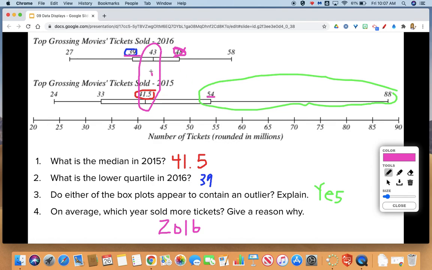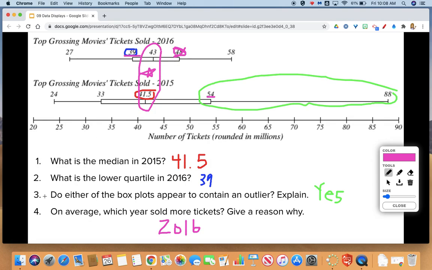But remember, the main focus here is on the landmark that we can use as the average, which is the median. So you first want to focus on the median, and whichever median is higher is going to tell you which year did better on average. And then you can just use those upper and lower quartiles to help support that if they do. So 2016 because the median is higher.